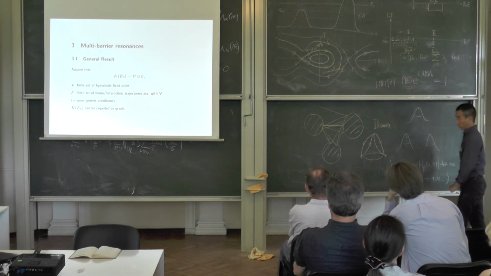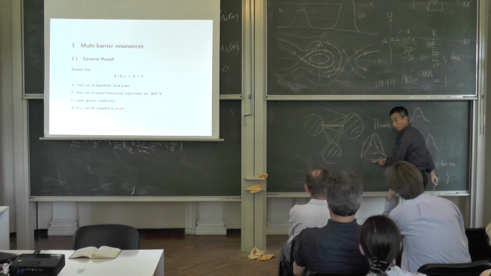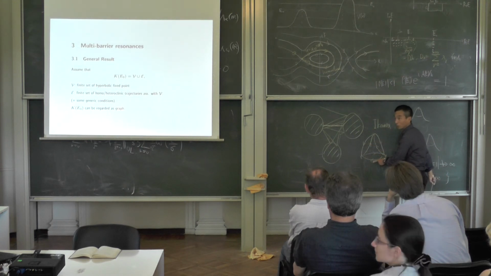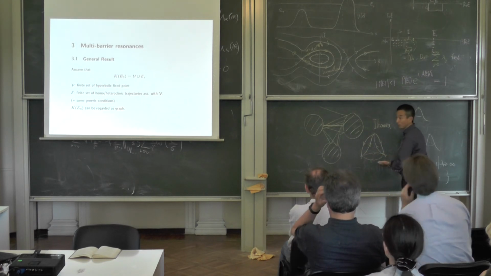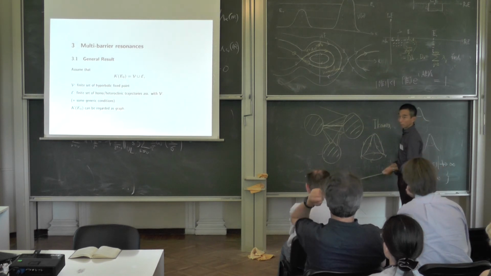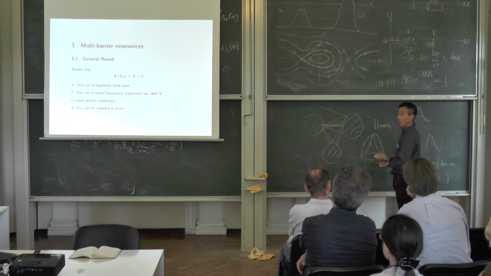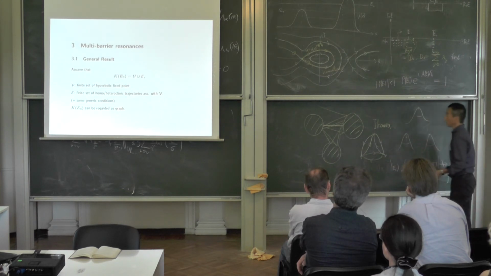Like that. So you have six heteroclinic orbits. And the structure is not at all complicated, not fractal. So it is still possible to follow our strategy to get a quantization condition and precise asymptotics of resonances.